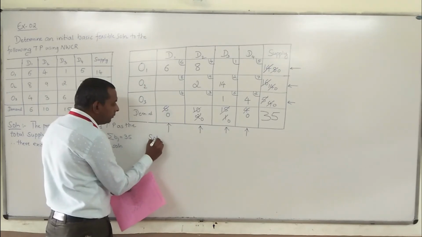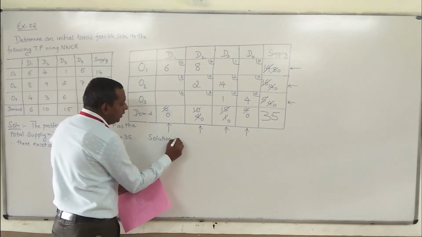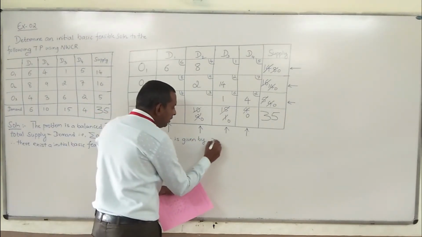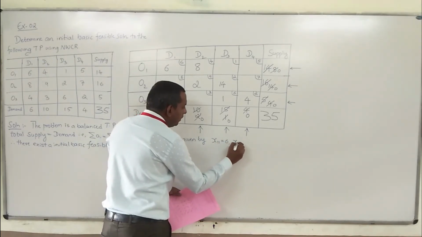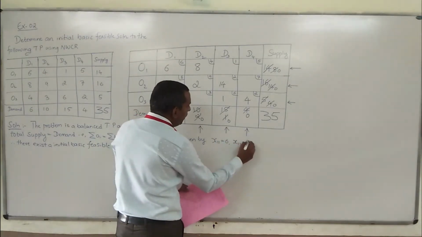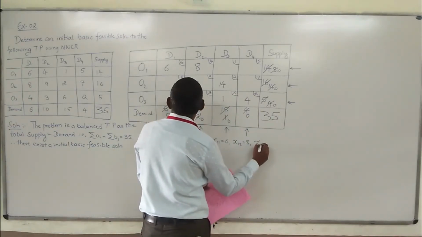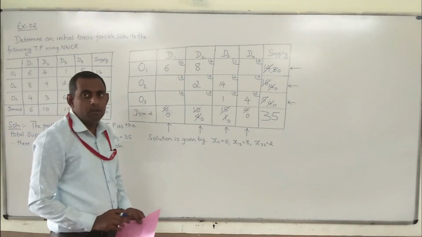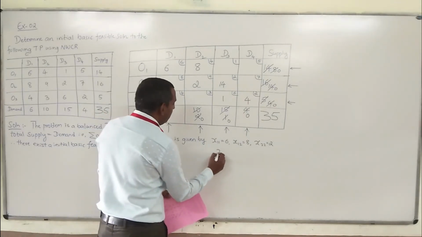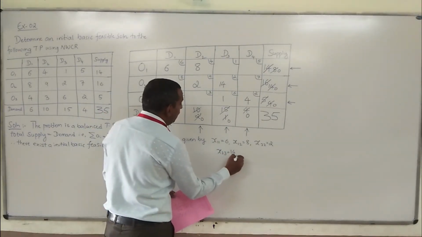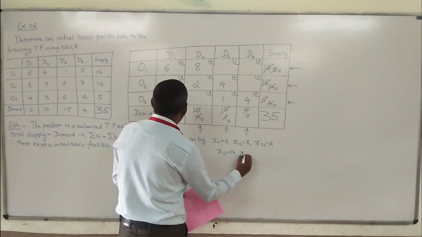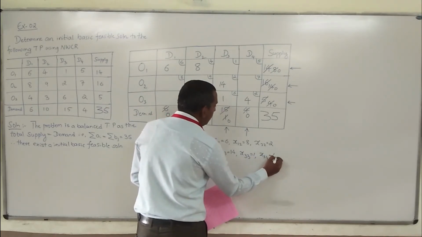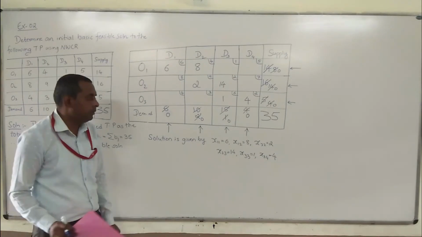So the solution is given by x11 is equal to 6, x12 is equal to 8, x22 is equal to 2, then x23 is equal to 14, x33 is equal to 1, x34 is equal to 4. So these are the values.